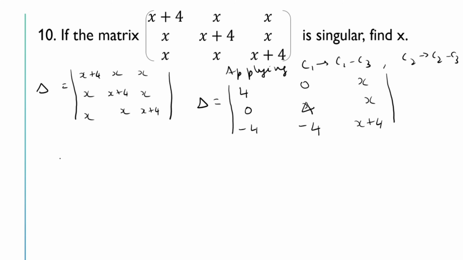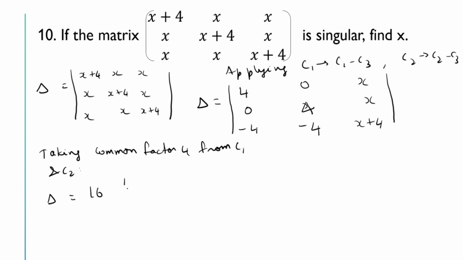We can take the common factor 4 from the first column and the second column. Taking common factor 4 from C1 and C2, we get delta equal to 16 into [1, 0, -1; 0, 1, -1; x, x, x+4]. Because we are taking 4 from 2 columns, it will be 4 into 4, 16.